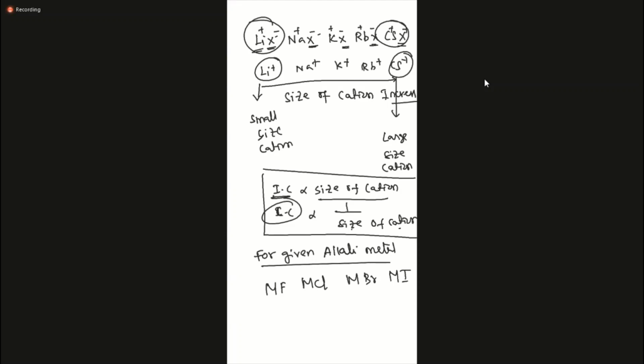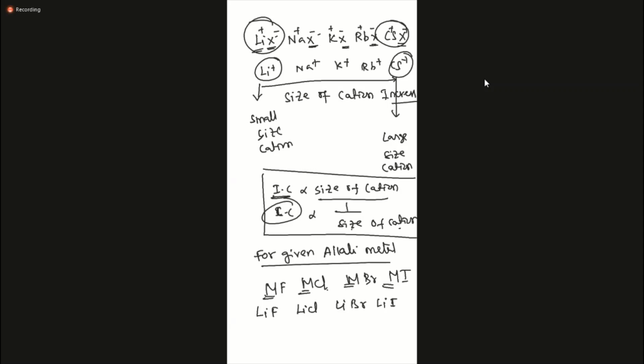Coming to this example, MF, MCl, MBr, MI, M means metal atom. Here the metal atom is the same. Suppose LiF, LiCl, LiBr, LiI. Among these, which is more covalent character, which is more ionic character? How to define?